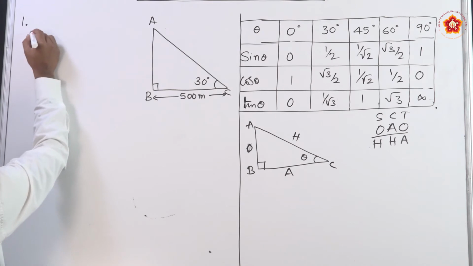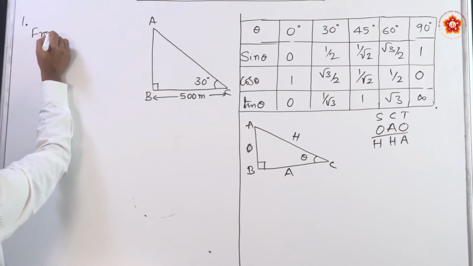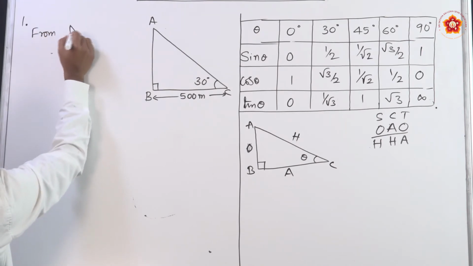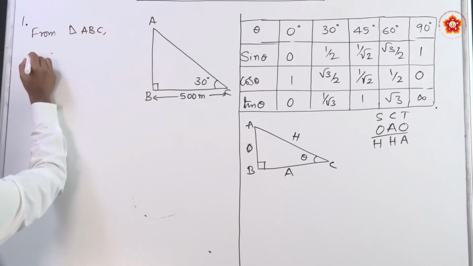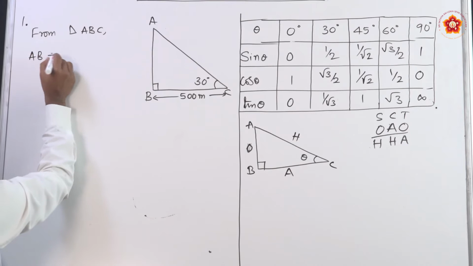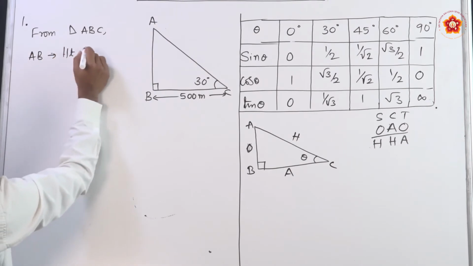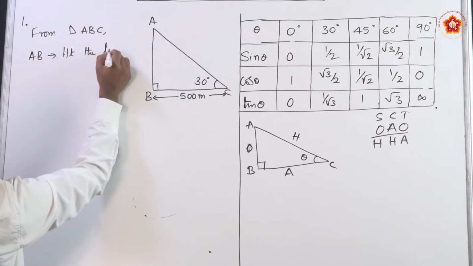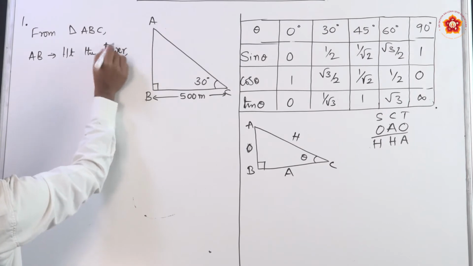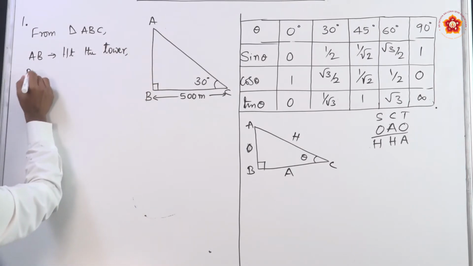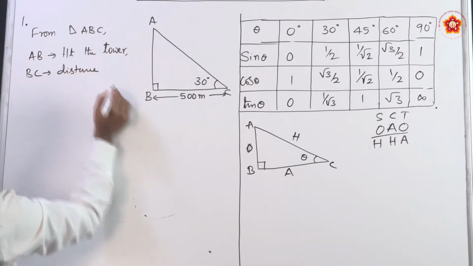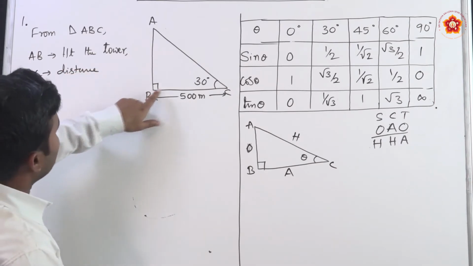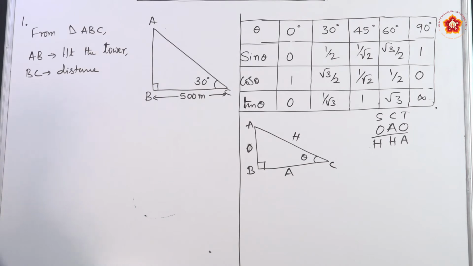So, from triangle ABC, I can have AB, what is AB? Height of the tower, and what is BC? This is the distance between the tower and the observer.